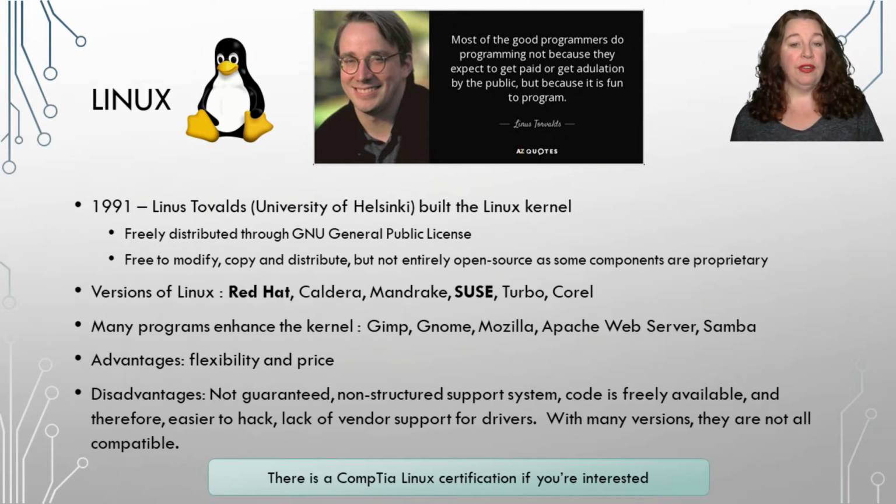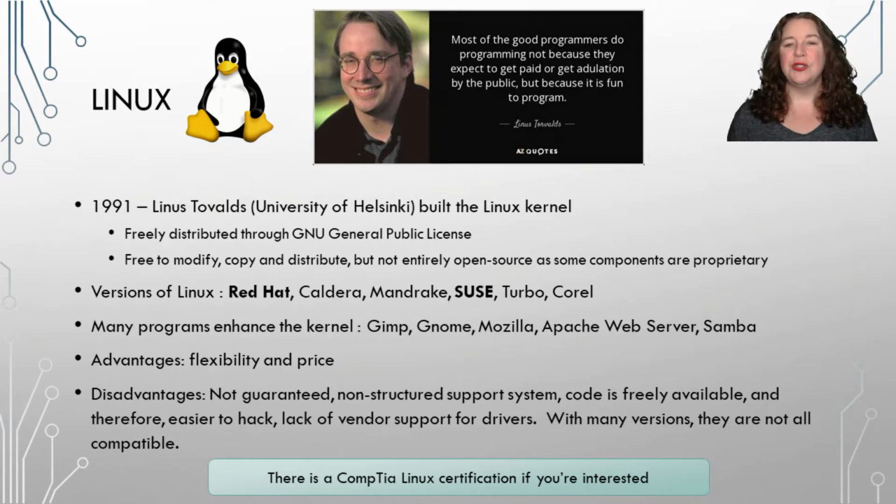The code is freely available, but that also makes it a little bit easier to hack because everybody can see the code. They can actually analyze the code to figure out where some vulnerabilities exist. Some of the drivers don't have vendor support because Linux wasn't big enough. So Microsoft and Apple have vendor support, but some of the drivers for maybe your printer or some of your peripherals may not be there.